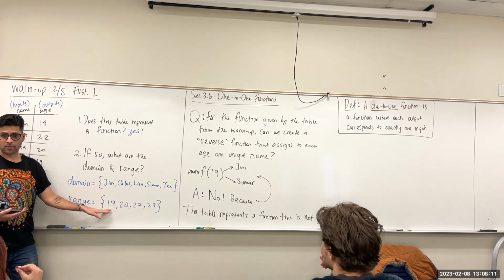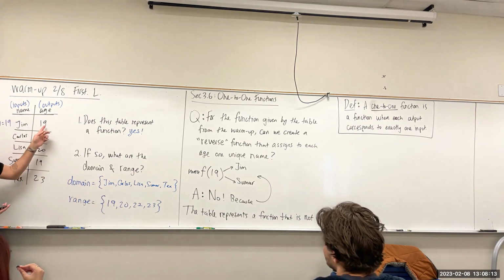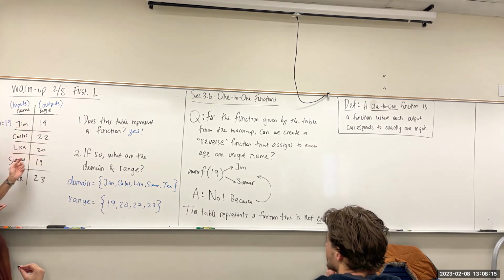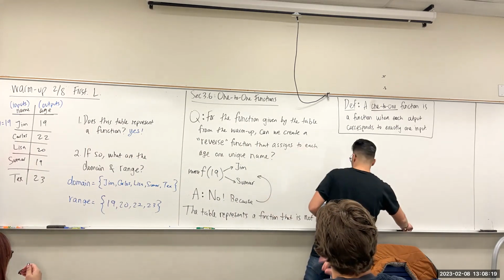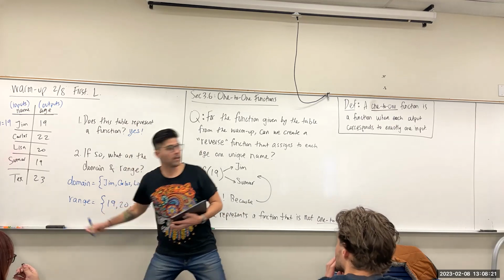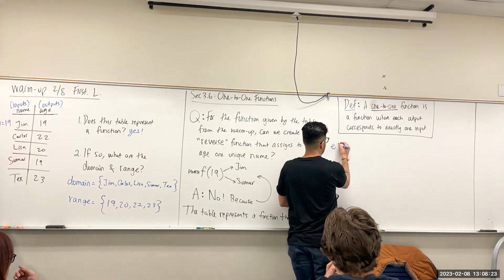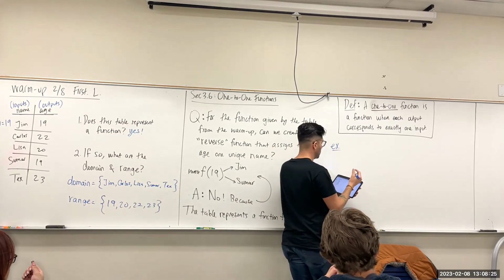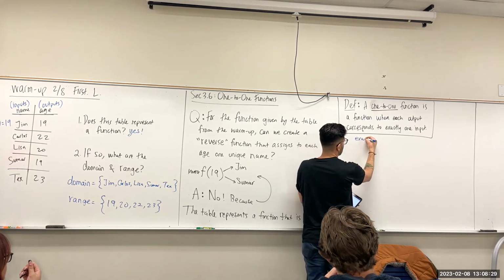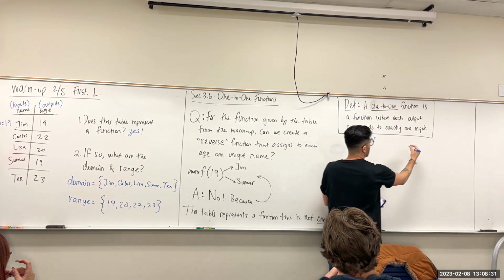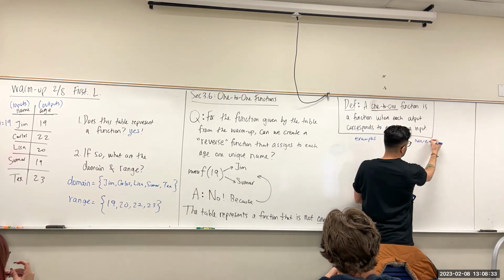No, 19 is the one that failed. It corresponds to multiple inputs. So that's what makes it not one-to-one. Let's look at more examples. I want to show you guys a whole bunch of different ones. Oh, actually, let's do examples here, and let's do non-examples.